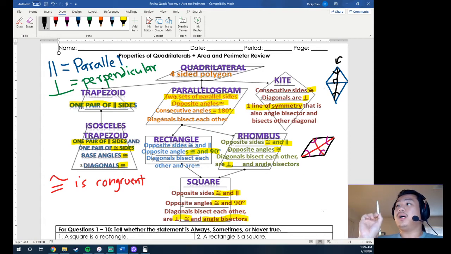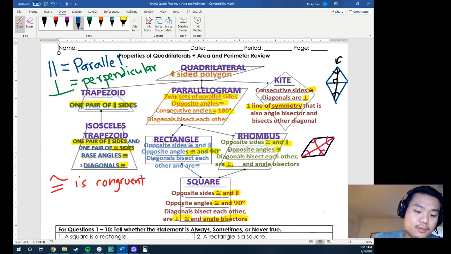When we go up the family tree, it's always. When we go down the family tree, it's sometimes. When we go side to side, it's never. So make sure you're paying attention to the lines here, and the lines that go here.